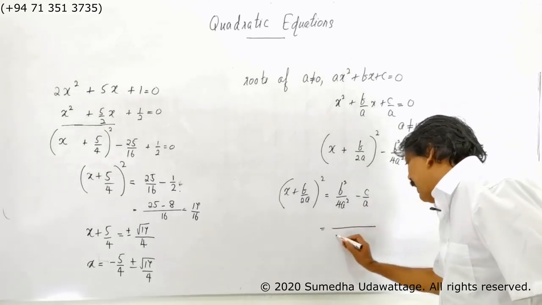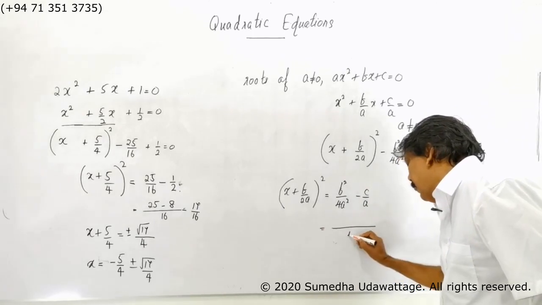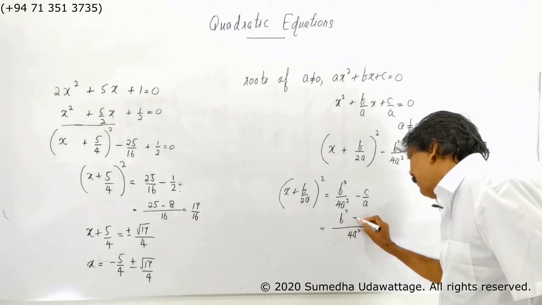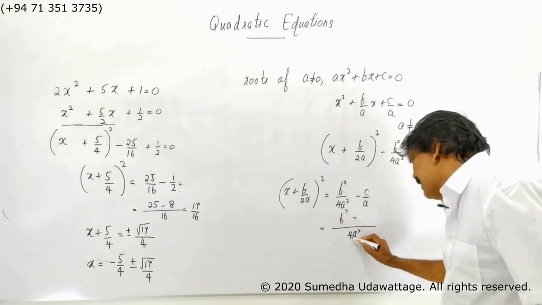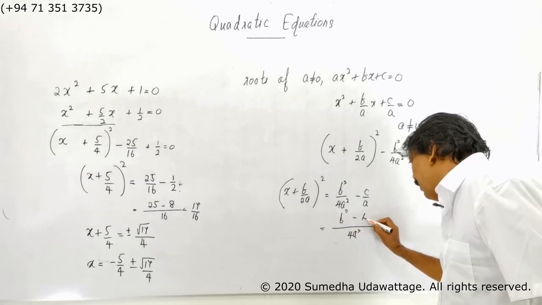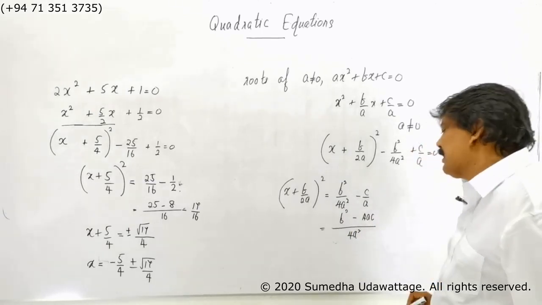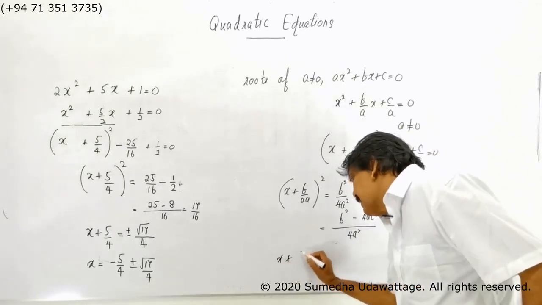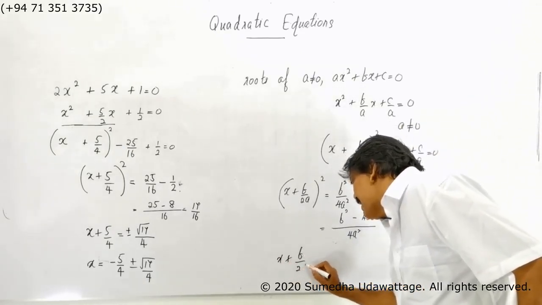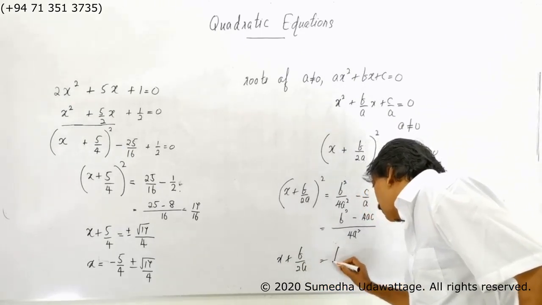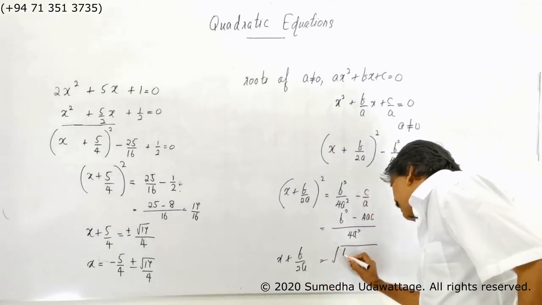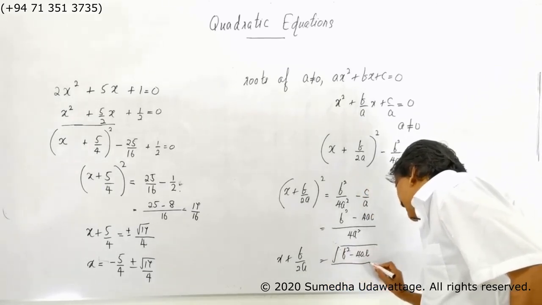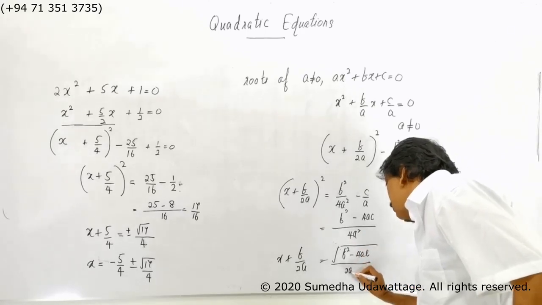Taking 4a² to be the common denominator, this b² remains, minus, there is a here, 4a² needs 4a more, therefore this c is multiplied by 4a. Then you get x + b/2a is equal to the square root of this value, b² minus 4ac, divided by the square root of 4a², which becomes 2a.